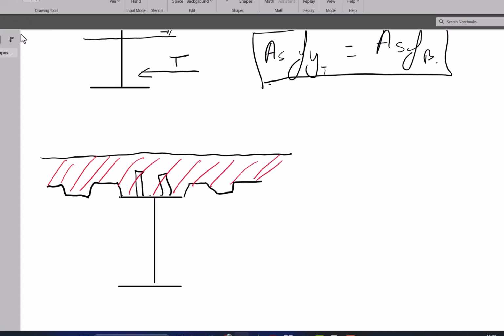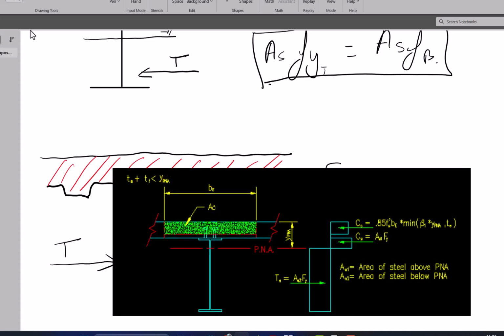This is now a particularly different case altogether. Again, we are assuming a certain level of composite action, whereby this concrete takes part in resisting the compression and the tension. However, when we ask for this to be composite, we usually assume it to be 50% composite, not 100%, maybe 40%. In very rare cases, this can be 100%, but we assume this to be a composite section.